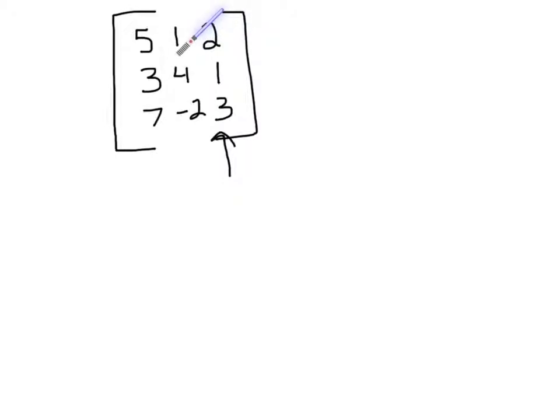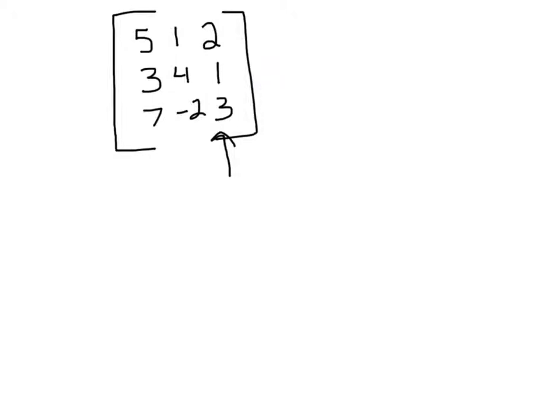So this number 2 here, that's row 1, column 3. 1 plus 3 is 4. That's even. That's okay. This one here, this 1, that's row 2, column 3. Well, 2 plus 3 is 5, so that's odd. So that's going to be a negative 1 instead of a positive 1. And this last one is row 3, column 3, which is 6, so that's even, so it stays the same.